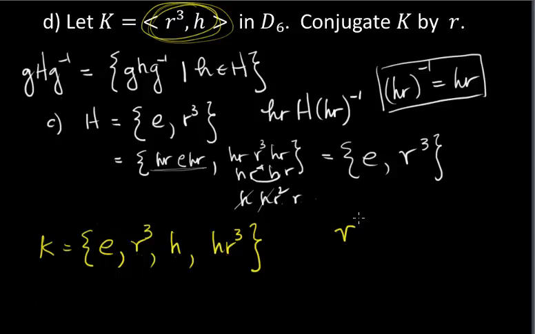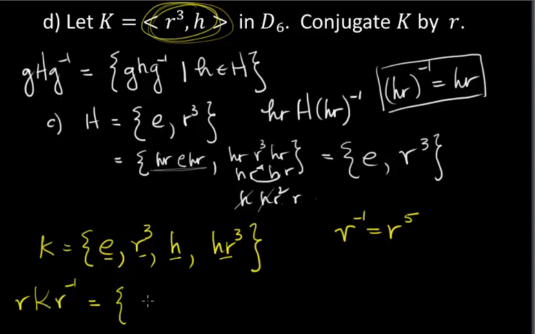So R inverse, we know, is R to the 5th in D6. So we're going to multiply R, K, R inverse. We just take each element of K and multiply it on the left by R and on the right by R to the 5th.